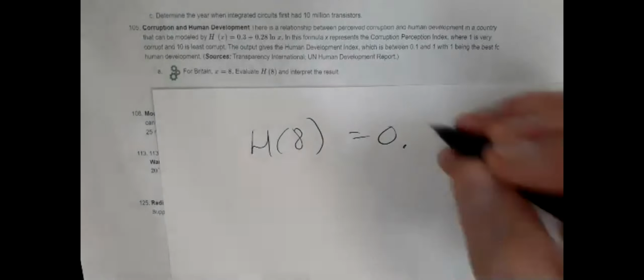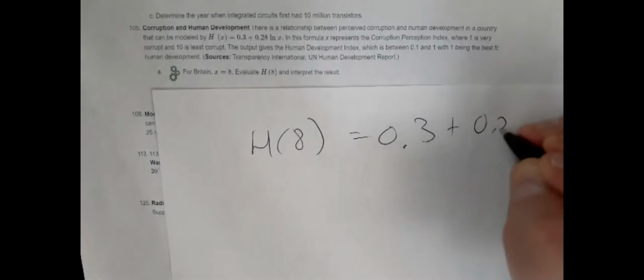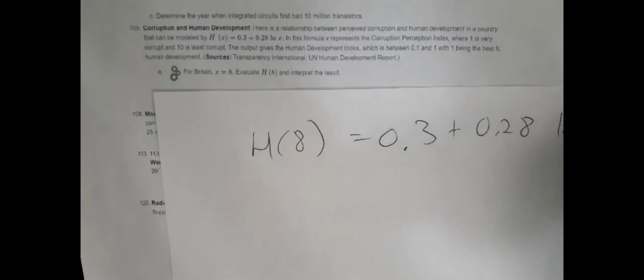So H of 8, I hope, is the straightforward 0.3 plus 0.28 ln of 8, which is giving me something like 0.88.